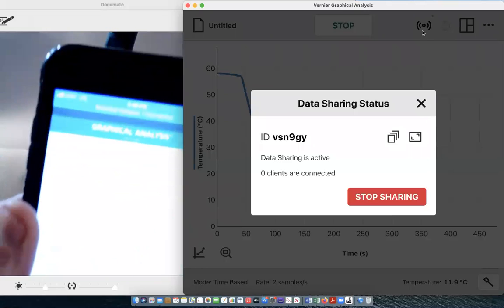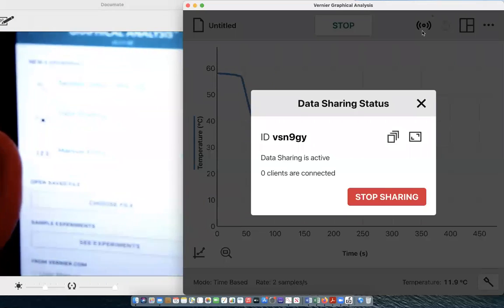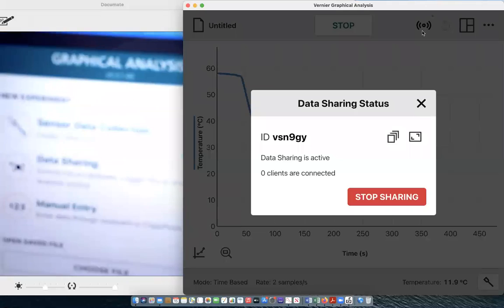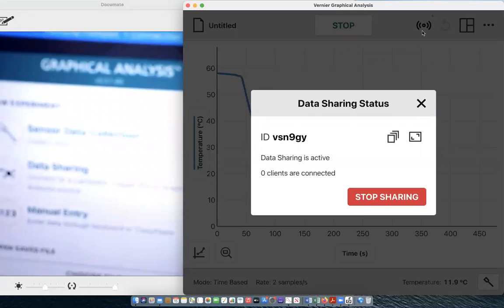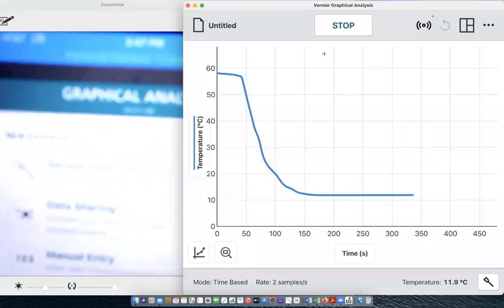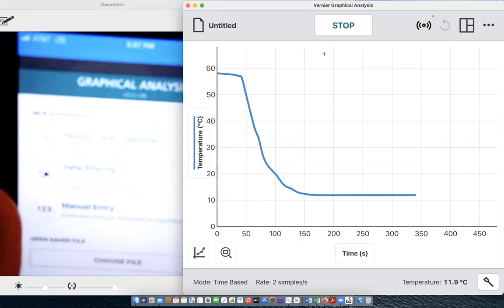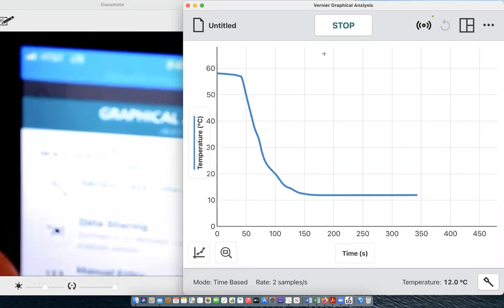And basically what I would do on there is I would set up graphical analysis, see if I can get a good vision here. So I have graphical analysis on my phone. A little bit out of focus, but you sort of get the idea of what's here. I'm going to do data sharing.